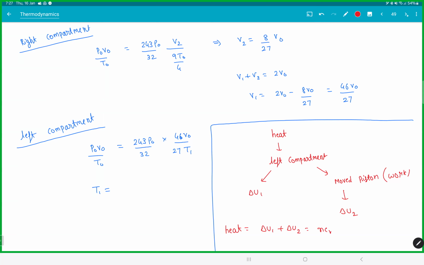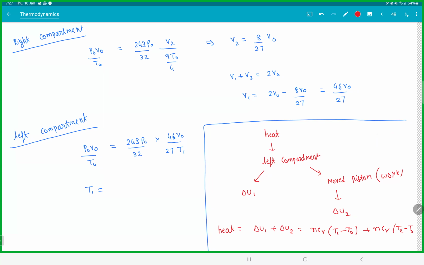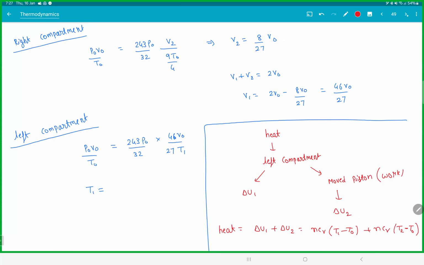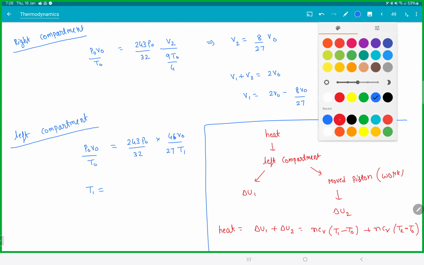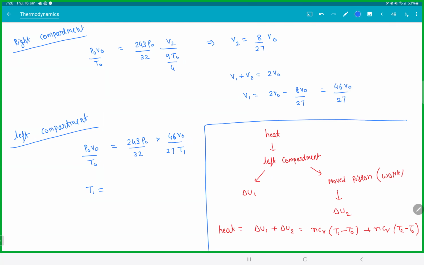So this is nCv (T1 minus T0) plus nCv (T2 minus T0). There, you know the value, substitute and get the answer. Is this clear, everyone?